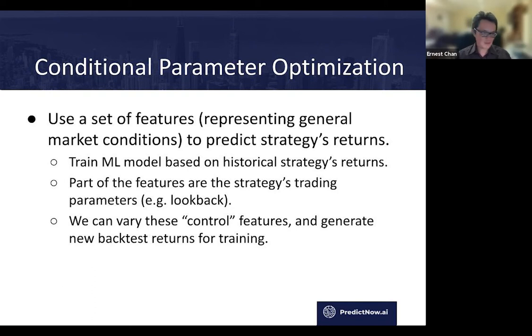You can, because this is an algorithmic strategy, you can run this strategy with a different look back, 5, 10, 15 days in history and see what the actual return is. So the machine learning model can learn from that, from the specific parameter value and the market condition to predict what the strategy will return.